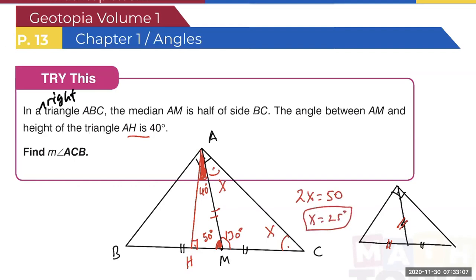Yep, that's right. This is going to be 25 degree. I think this information is useful. If 90 degree and median, and these three sides go together so that they are equal.